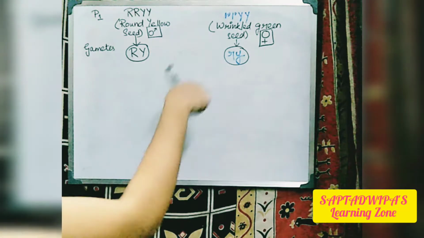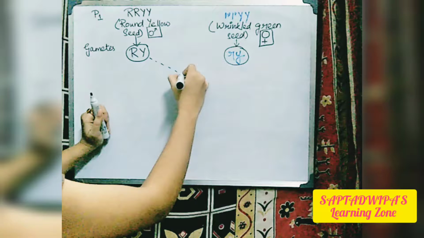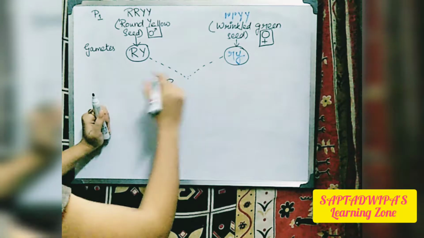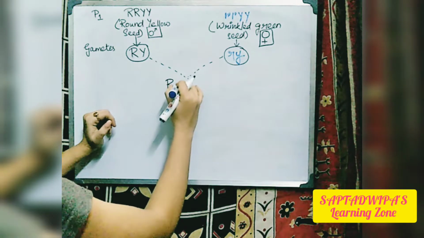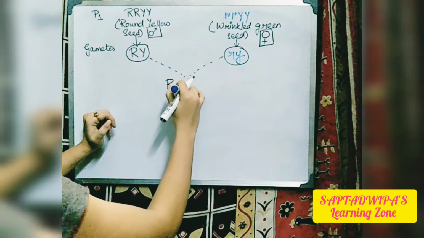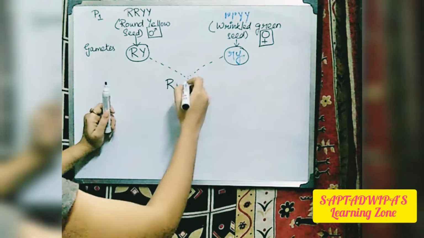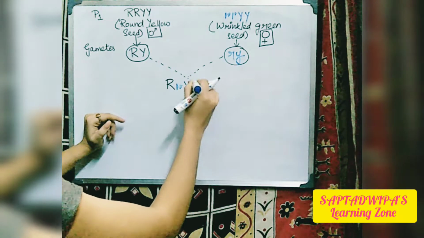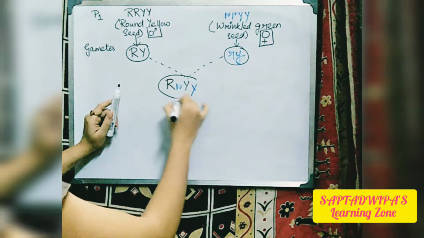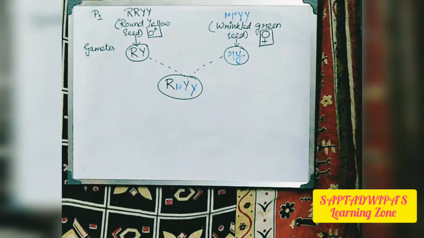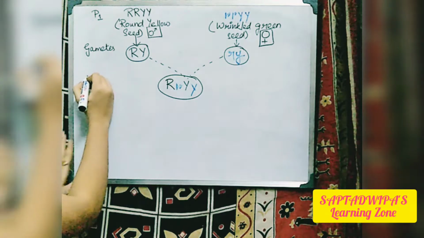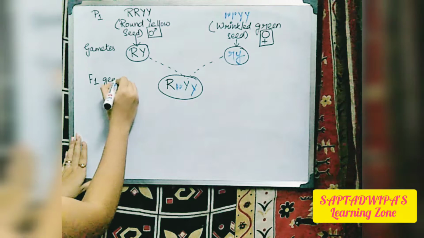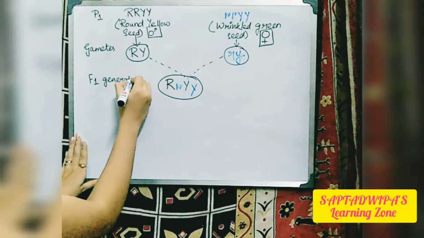Now when these two are crossed, they form capital R, small r and capital Y, small y. This is the result which we get in the first filial generation. So this is the F1 generation which we are getting.